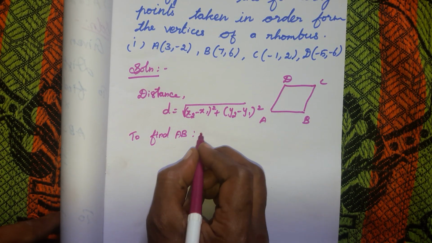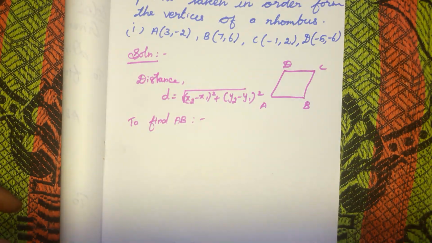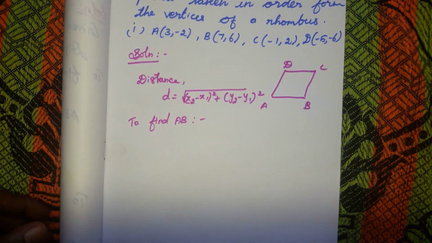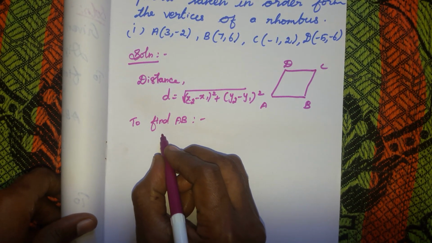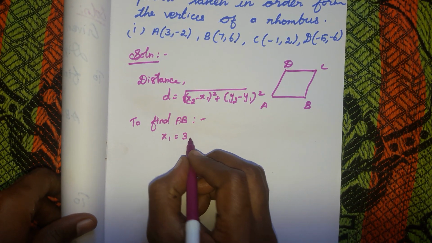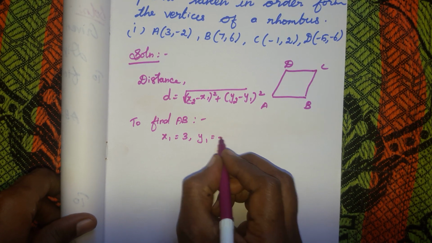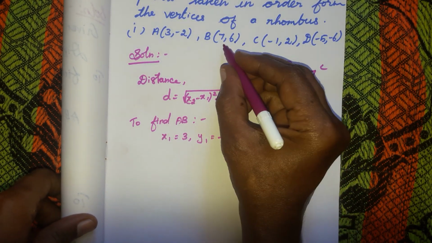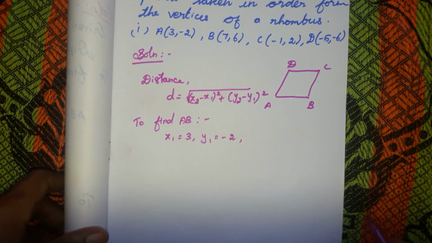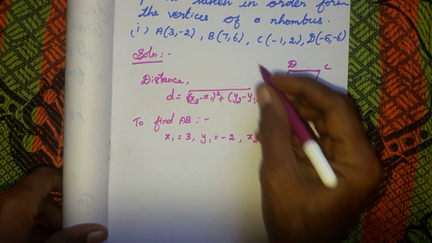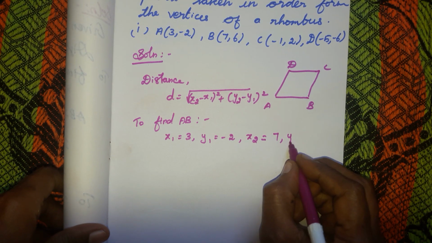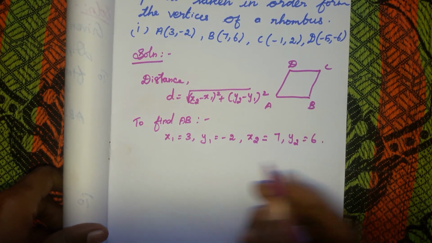To find AB, here x1 is equal to 3, y1 is equal to minus 2, x2 is equal to 7, y2 is equal to 6.